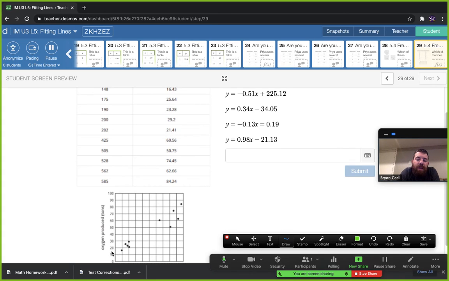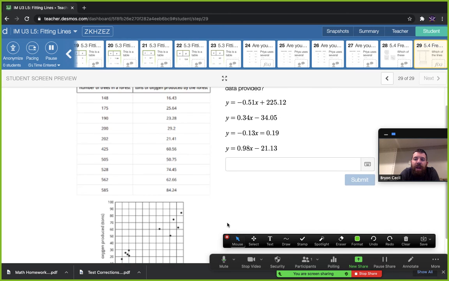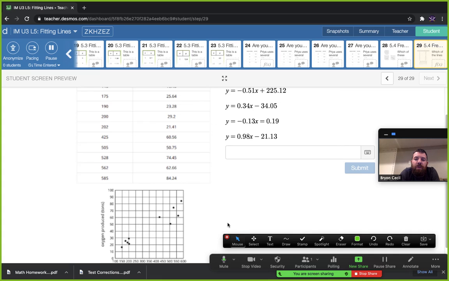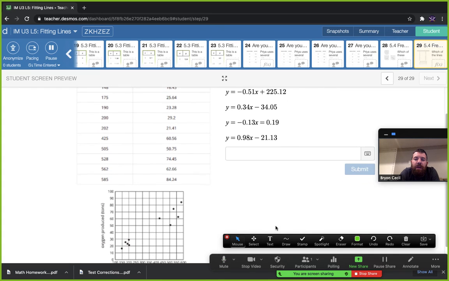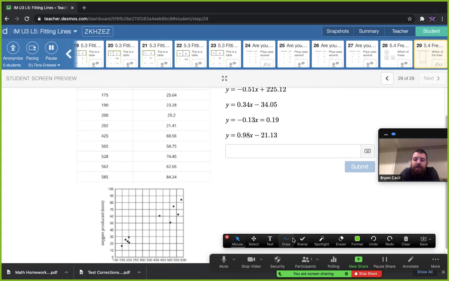And so as we see, the line is increasing from left to right, and so we automatically know, I'm going to move down just a little bit. I wish I could zoom out more, but this is where we're going to be at. And so we see here, perfect. Okay, what we can do is we can cross out this one and we can cross out this one because we want a slope that's increasing left to right.